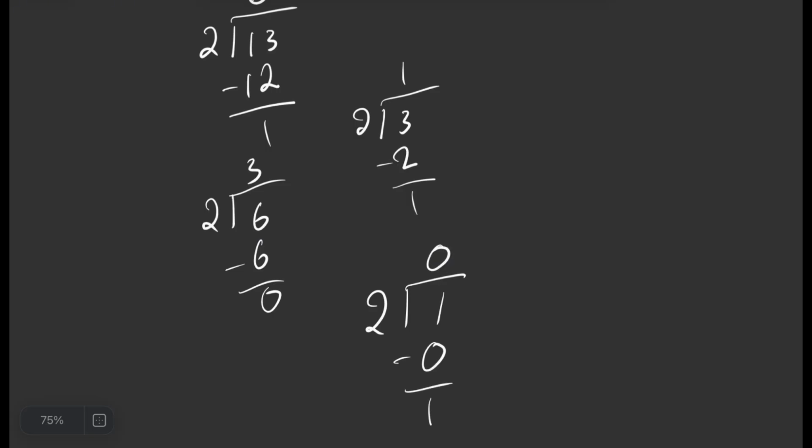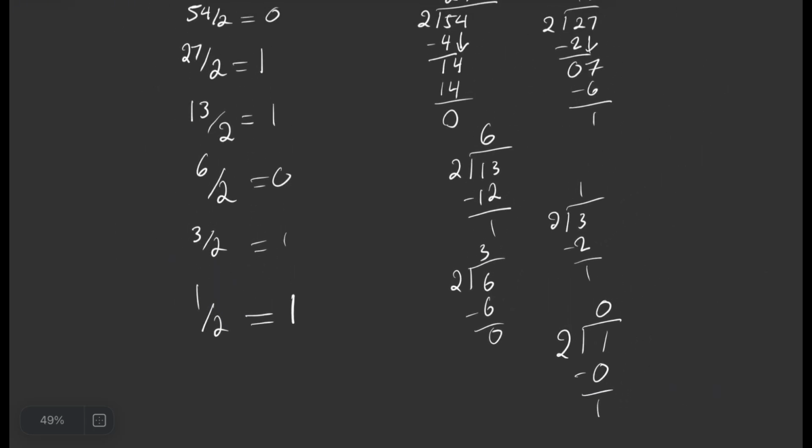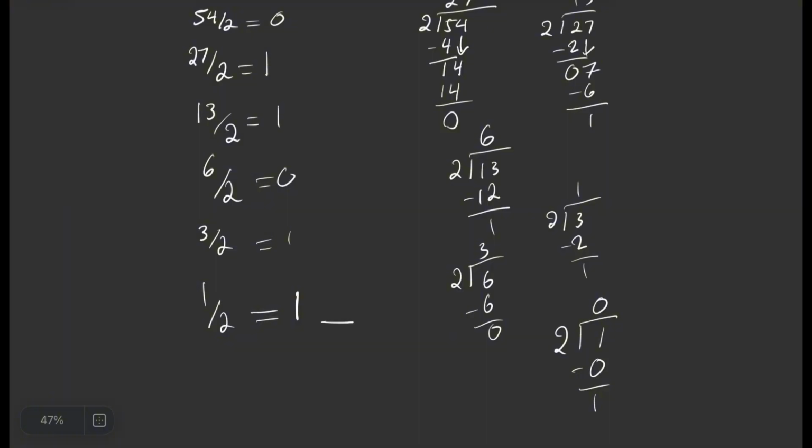Remainder 1. So you see how I have a 0 at the top of my long division, and now I have a 1 being divided by 2. This is your indication to stop. Now once you have these remainders, you read them from bottom to top. So essentially the whole number 54 in binary is 110110.